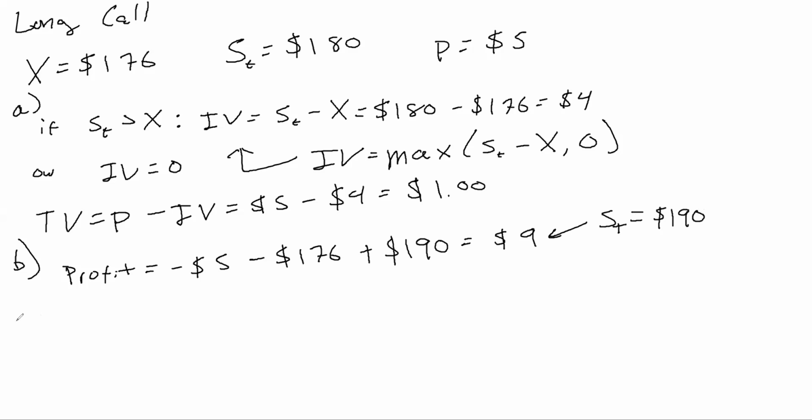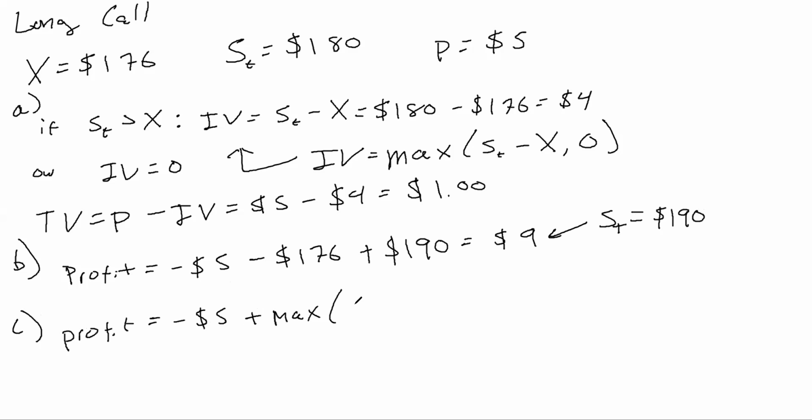Now let's do part C. What is your net profit if IBM stock price decreases to 170? Let's do it a little bit differently. Either way, you pay the premium whether you exercise or not. Let's add our intrinsic value function.